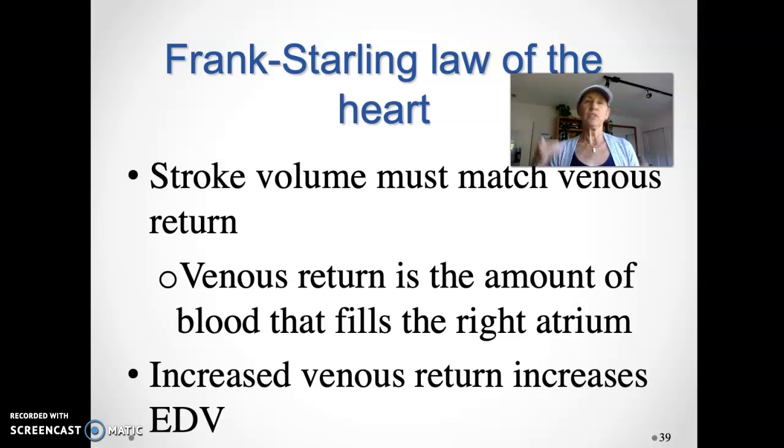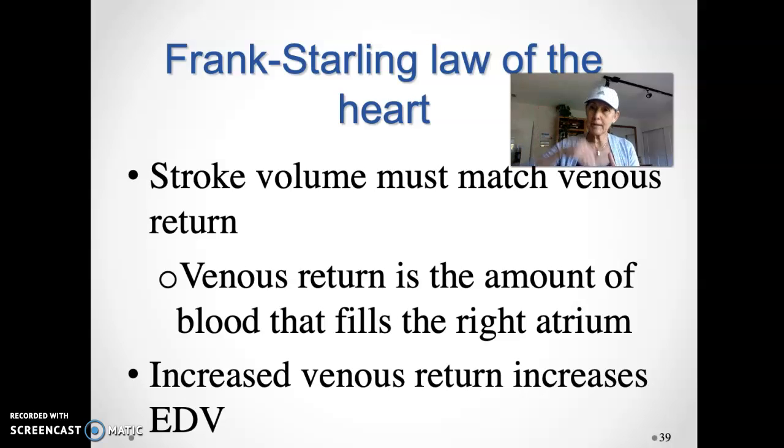Well, let's say you've just started to go out and run around the block, and you're going to go for a run, and you just started running. All of a sudden you get this surge of more blood coming back because you're going to have to catch up and distribute more of that. So you have increased venous return, and it's going to increase the end diastolic volume, right?